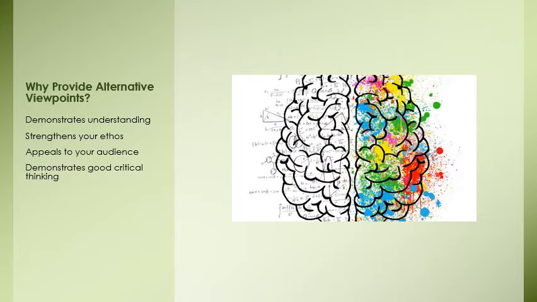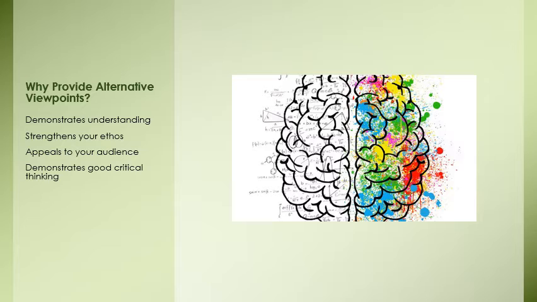So first, why provide these alternative viewpoints? When you provide alternative viewpoints to your position, it demonstrates to your readers that you understand the topic you are writing about. It's really important to understand that there's a conversation, that it's been going on long before you existed, and that you are joining it.